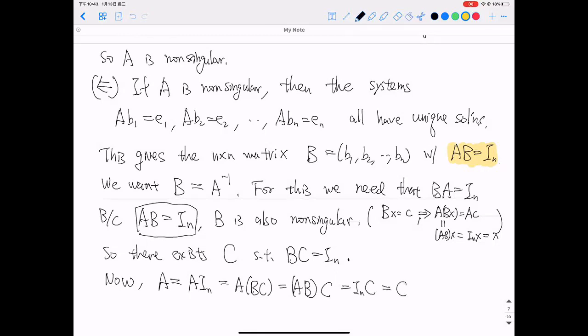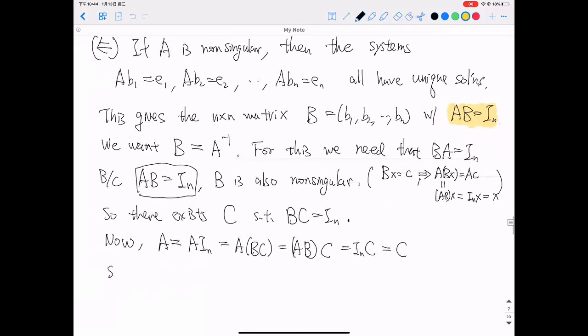So you get C. So A is equal to C. Hence BA is equal to BC, equaling the identity, which is what we want to prove.